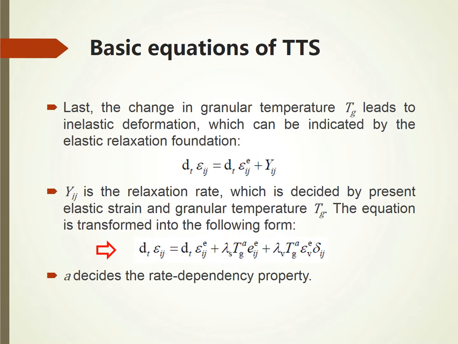Last, the change in granular temperature Tg leads to inelastic deformation, which can be indicated by the elastic relaxation equation: dt epsilon ij equals dt epsilon ij for the elastic part plus Yij. Yij here is the relaxation rate, which is decided by the present elastic strain and granular temperature Tg. The equation is deformed into the following form. Here, A decides the rate dependency property.